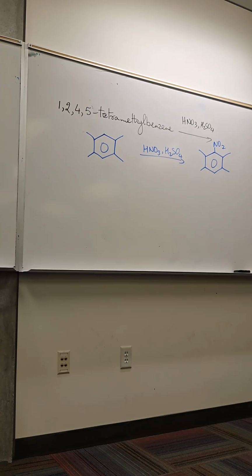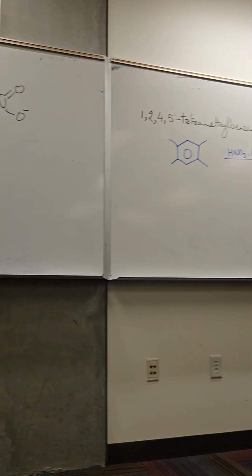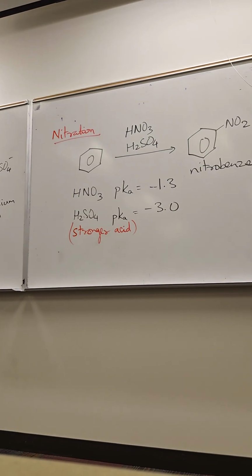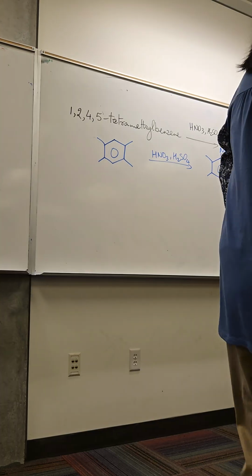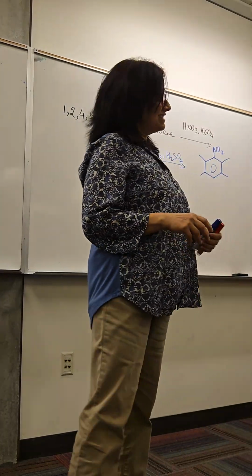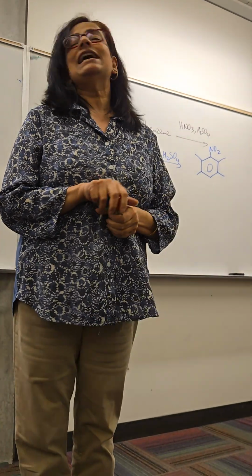And when you're writing the mechanism, you got to start from the top. You got to show how or what the electrophile is, because that's important. And then the benzene comes in and attacks the electrophile. So please go ahead. You do it. I will also do it. We'll compare. The whole thing. Yes, exactly.